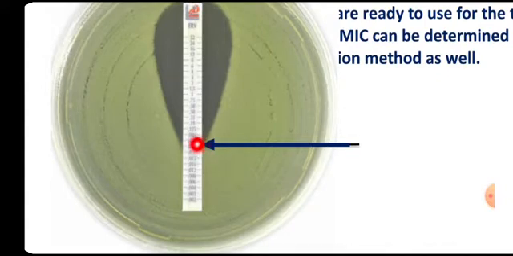This is the highest dilution, the minimum concentration of antibiotic which shows inhibition. So this is the minimum inhibitory concentration of that antibiotic. That means it is the lowest concentration of that antibiotic which still inhibits the growth of the indicator organism.